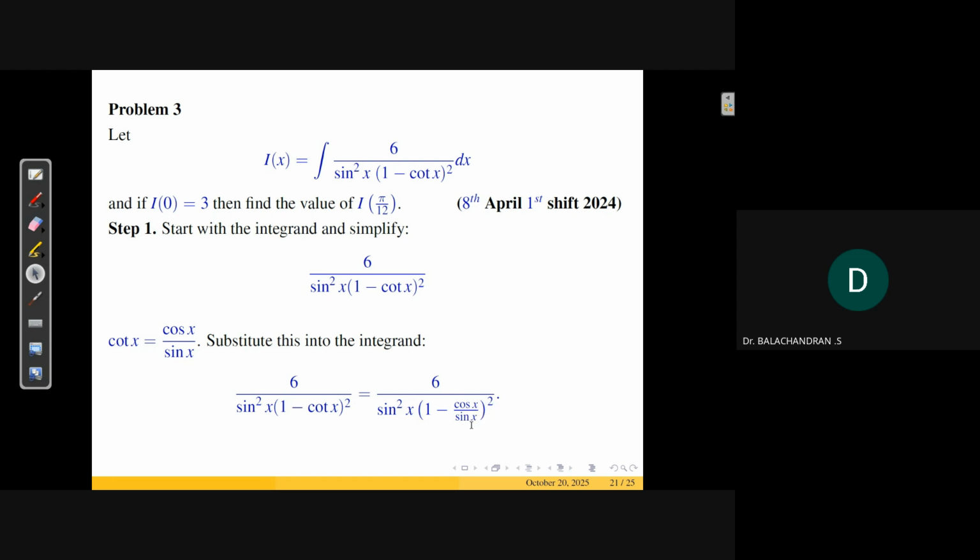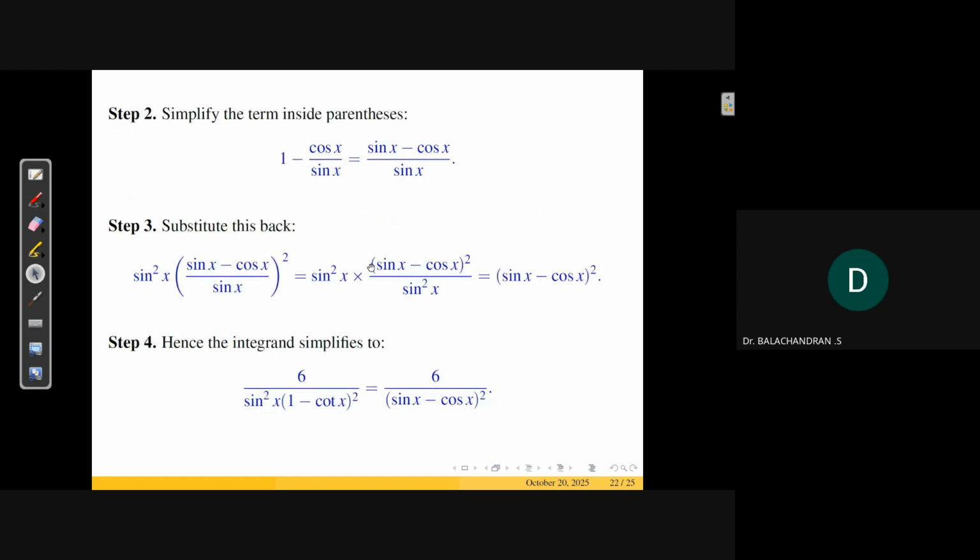Then if you take LCM, you'll get sine x minus cos x whole square by sine square x, and you can cancel sine square x. So you'll get 6 by sine x minus cos x whole square.